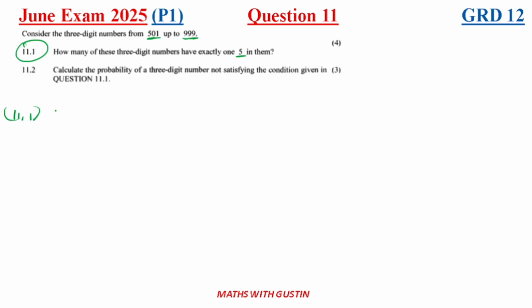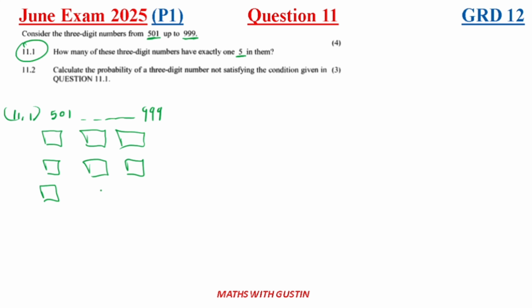I'm just going to say 501, then you've got numbers in between, then you've got 999. However, they are saying we need to form a 3-digit number that has got at least 5 in it. So this is basically what you're going to have in this case, but I have to explain it, guys, so that you really follow what I'm saying.